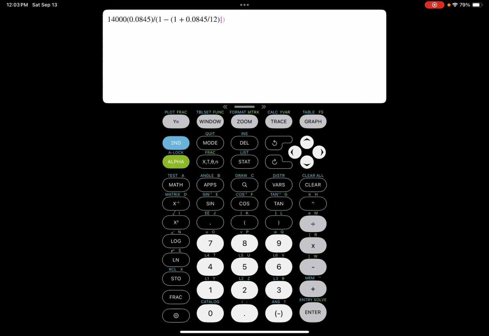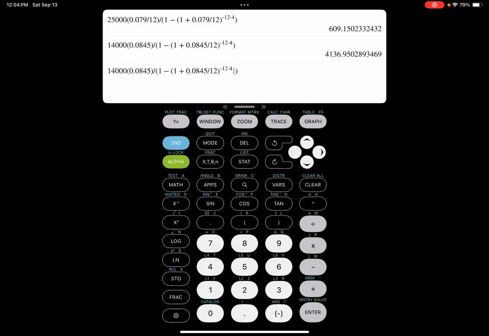Close the parentheses, raise it to the negative NT. N is 12, T is 4. Close the parentheses. We're having 4 something that is different from my cheat sheet. Let me double check where my problem is. Oh, I see. In my formula here, what is the top?